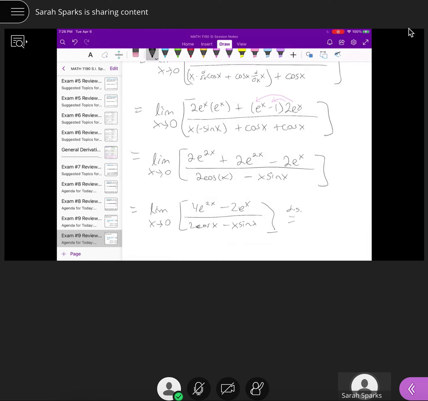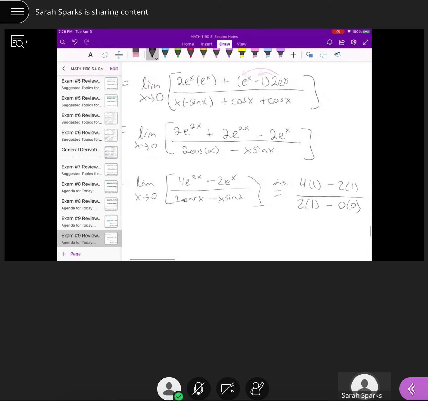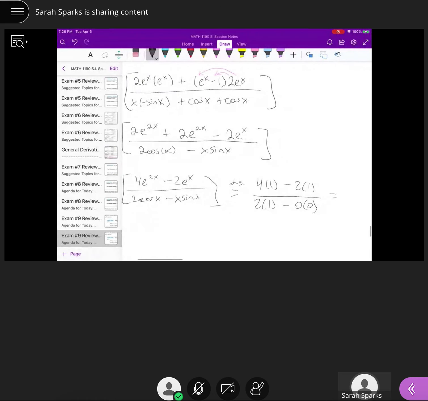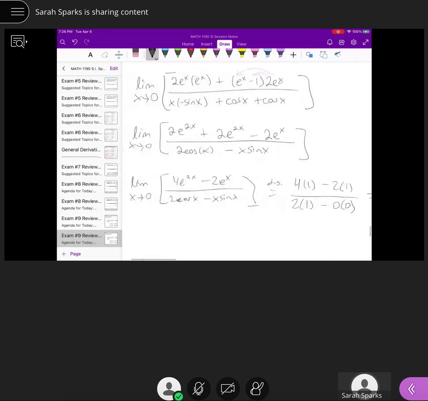So plugging in 0 for x, we get 4 times 1 minus 2 times 1 over 2 times 1 minus 0 times 0. So we're going to get 4 minus 2, which is 2, over 2 minus 0, which is 2, which equals 1.